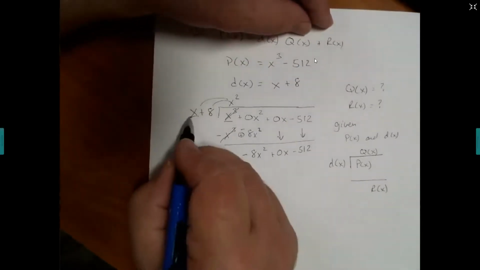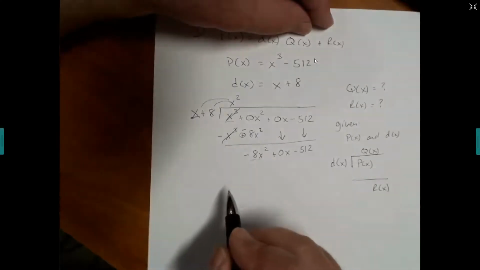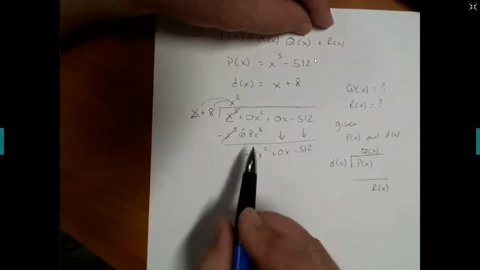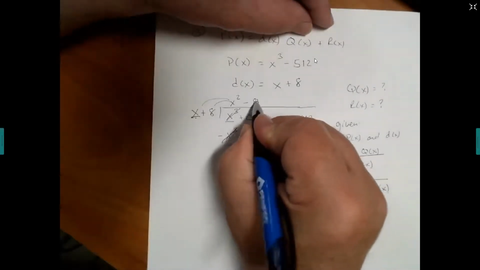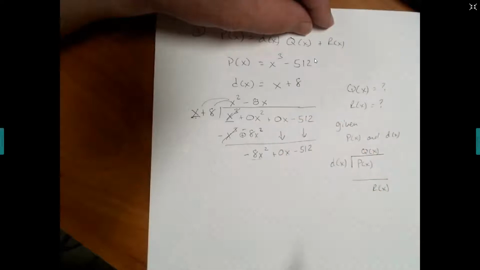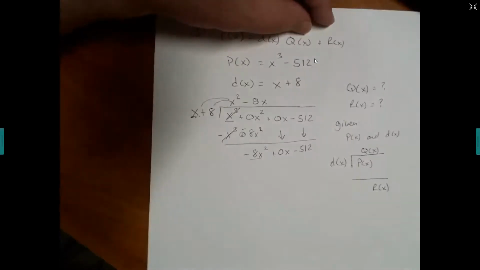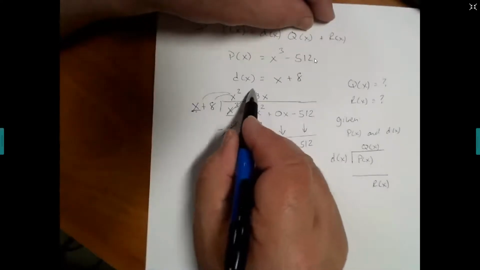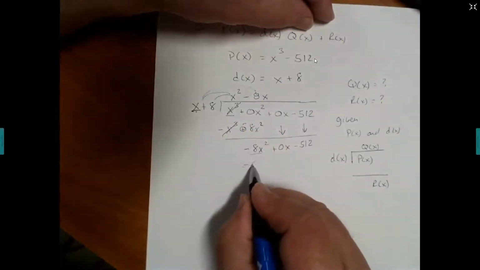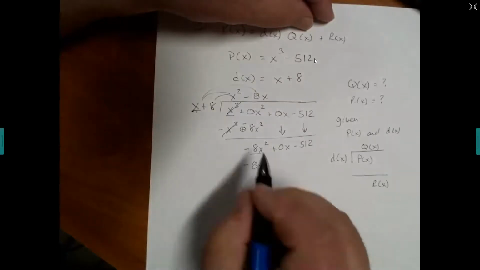Repeat the process. Look at the leading terms. What times x gives us negative 8x squared? A negative 8. We need one more x. So negative 8x times x is negative 8x squared.